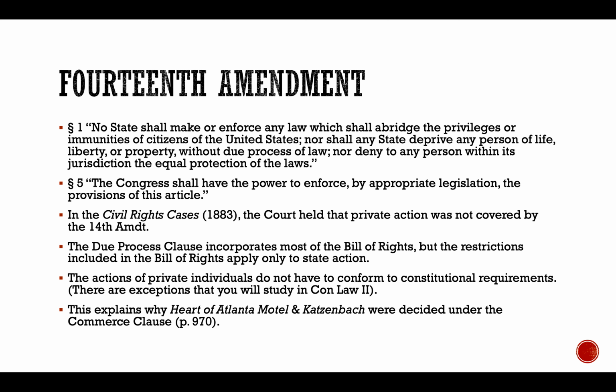It's because of this state action doctrine precedent that dates back to the 19th century. Because what Congress was trying to prevent was discrimination amongst private businesses, right? The Heart of Atlanta Motel is not the state. Ollie's Barbecue that was at issue in Katzenbach is not the state.